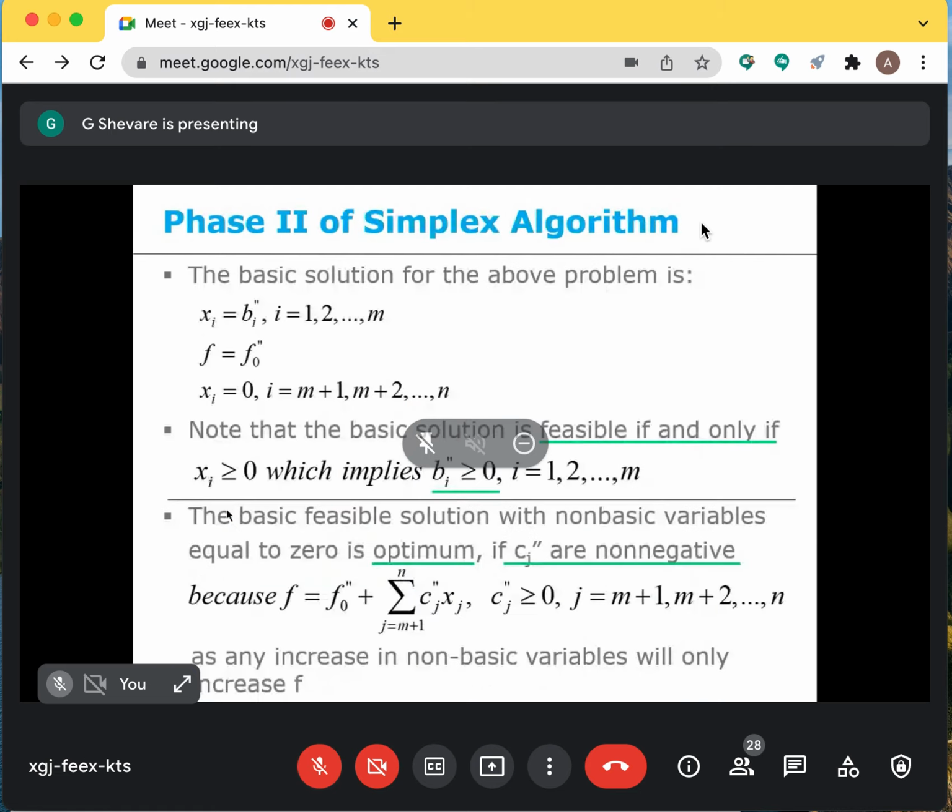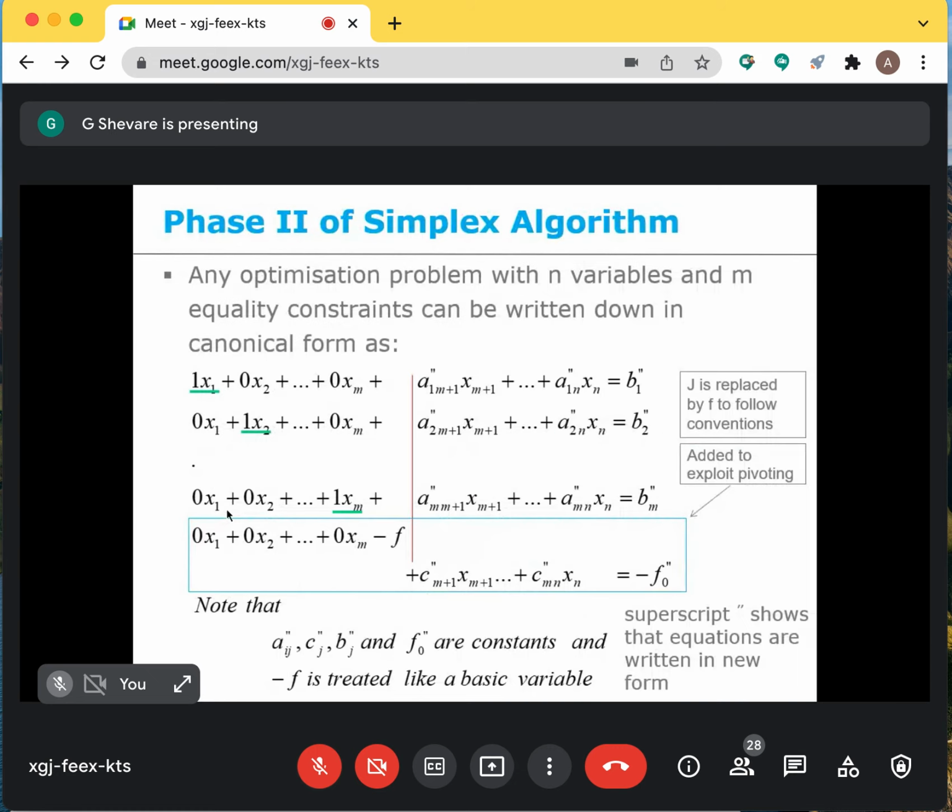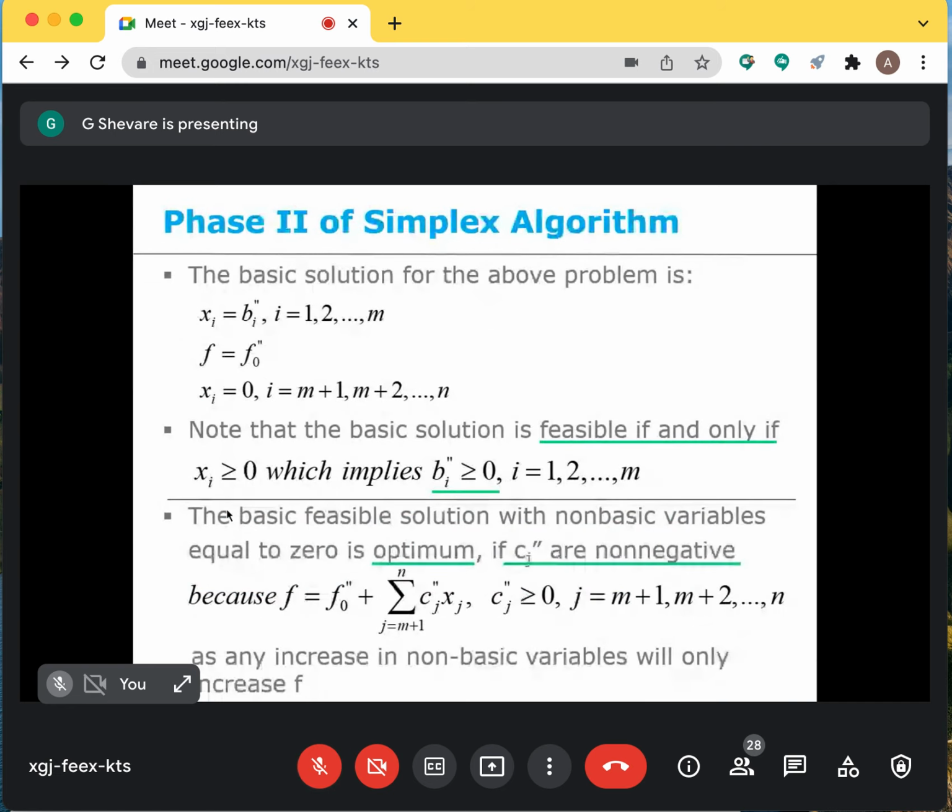And like that, you keep doing it. So once these equations are written down like this, the basic solution for the above problem is xi becomes bi.